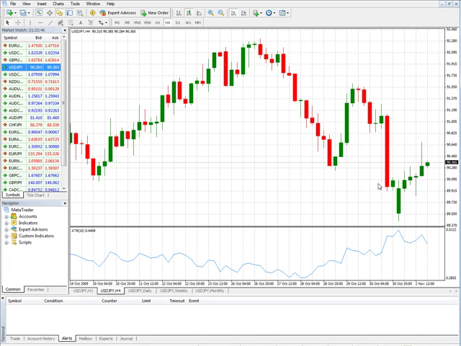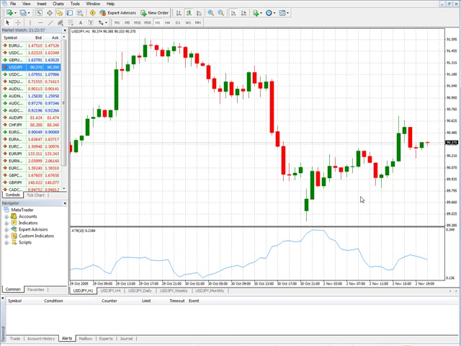Okay, let's see, 4 hour. Again, just shows you have to be selective. Mm, 1 hour. The 1 hour still in a breakout of this particular inside bar, the low of that inside bar.